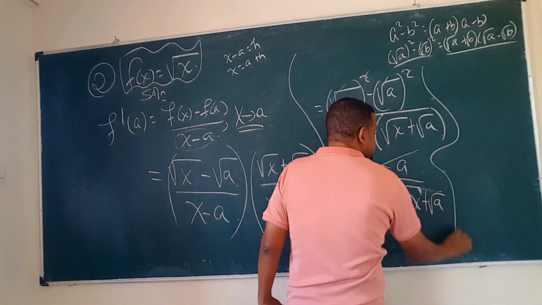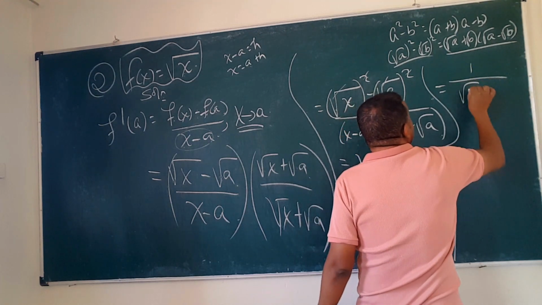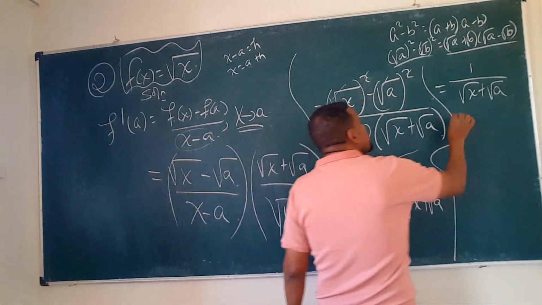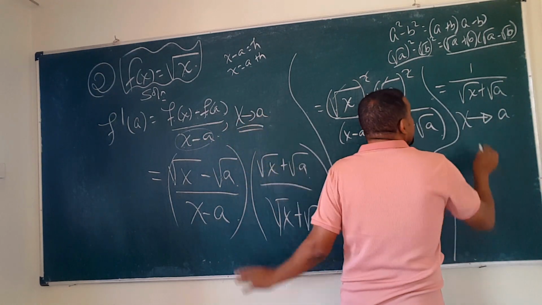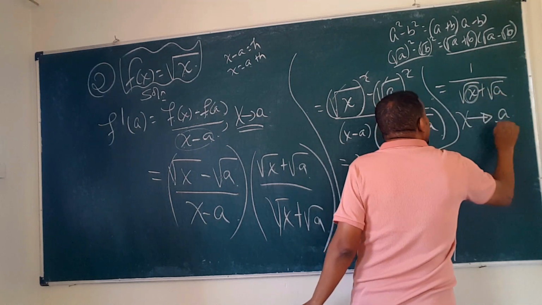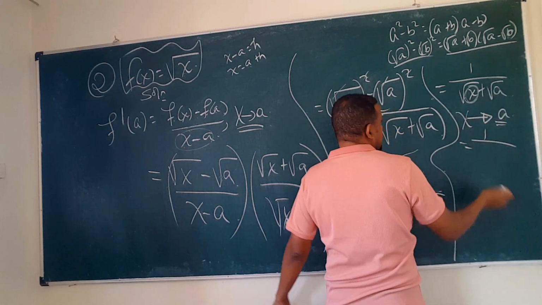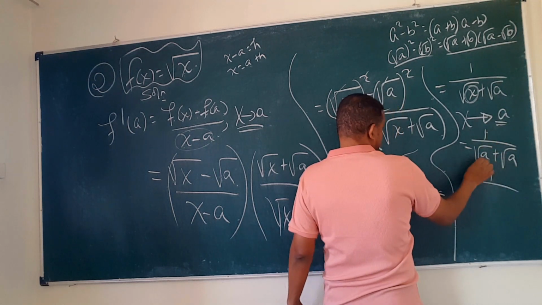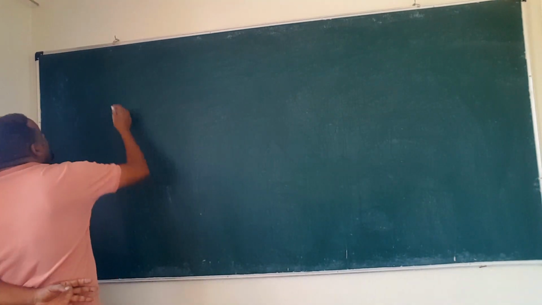ምን አገኘን ማለት ነው ተመልከቱ። So አሁን ምን አገኘን? 1 over radical of x plus radical of a. አሁን የx ዋጋ ወዴት ነው ይሄዳል የተባለው? ወደ a ነው ይሄዳል። የx ዋጋ ወደ a ይሄዳል ማለት በሌላ አነጋገር በx ቦታ a ነው የምንጽፈው። So which is 1 over radical a plus radical a, is what? 2 radical of a.